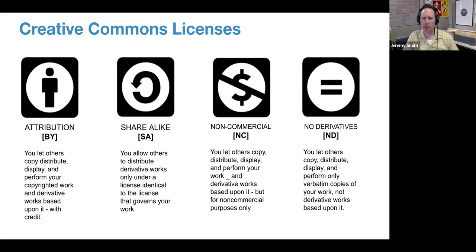Share alike means whatever license you've assigned to it as the rights holder, you want people to keep using that same license. So they couldn't make it a CC BY-NC if you didn't make it a CC BY-NC. And then non-commercial is the other one. You let people copy and distribute it as long as it's for non-commercial works.